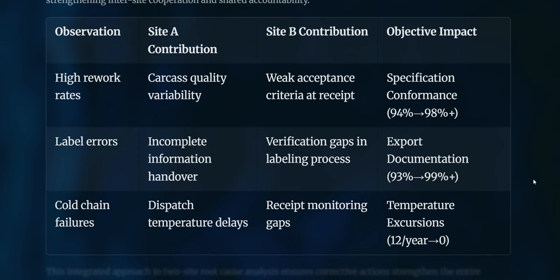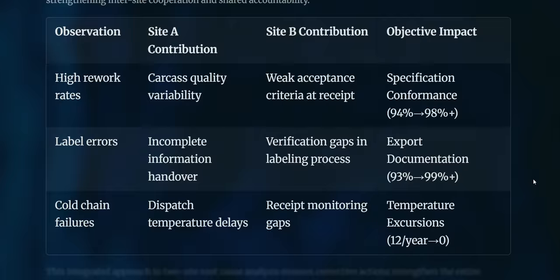First observation, high rework rates. Site A's contribution is carcass quality variability, which needs to be addressed, and Site B's contribution is weak acceptance criteria at the reception. Objective impact is the specification conformance.